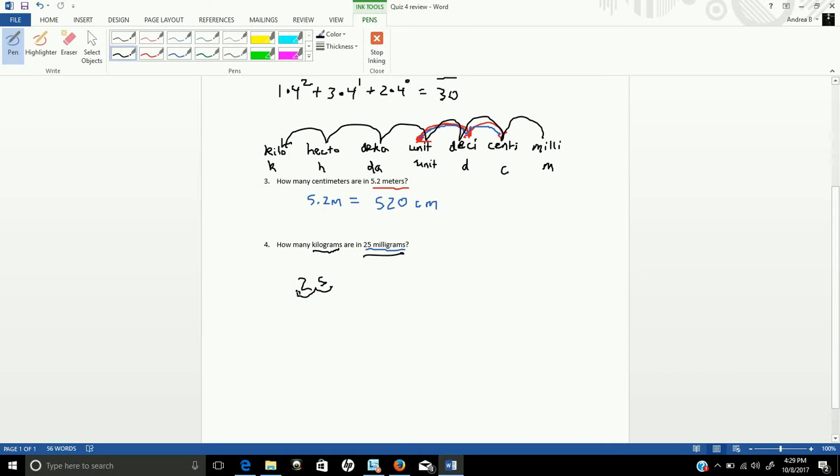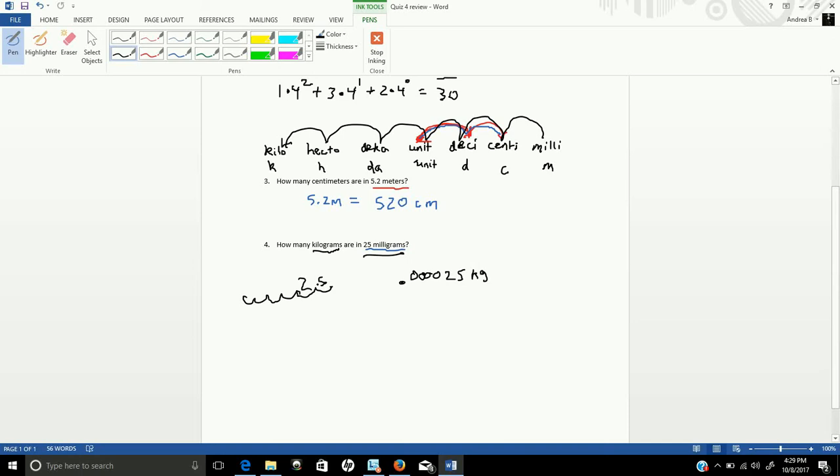So if you move it 2 places, you get in front of the 2, which means the other 4 digits that are left to move over are going to be zeros. So here you're going to end up with 0.0000025 kilograms. So a very, very small amount in terms of kilograms.